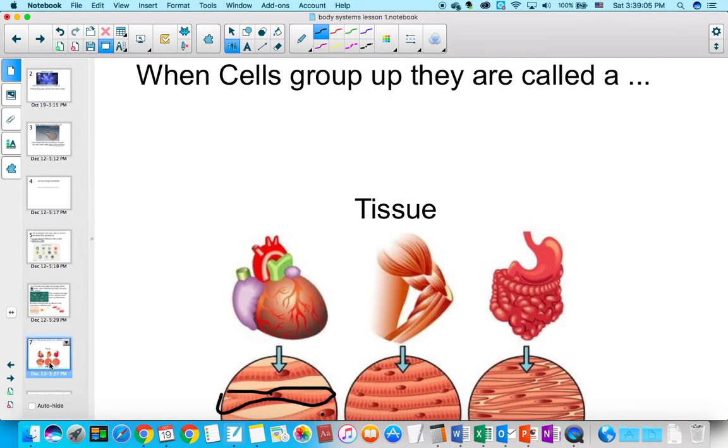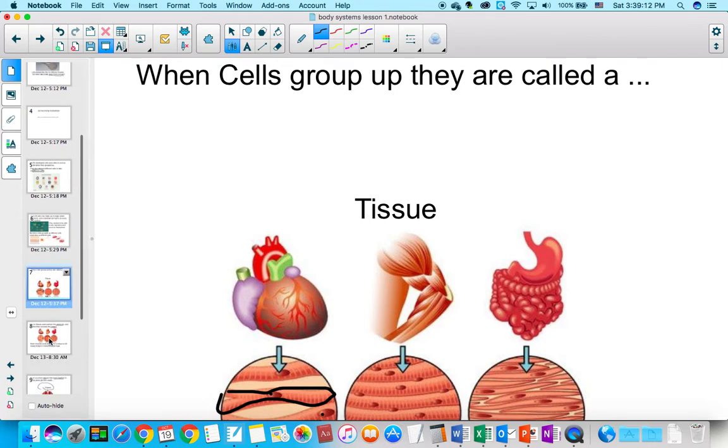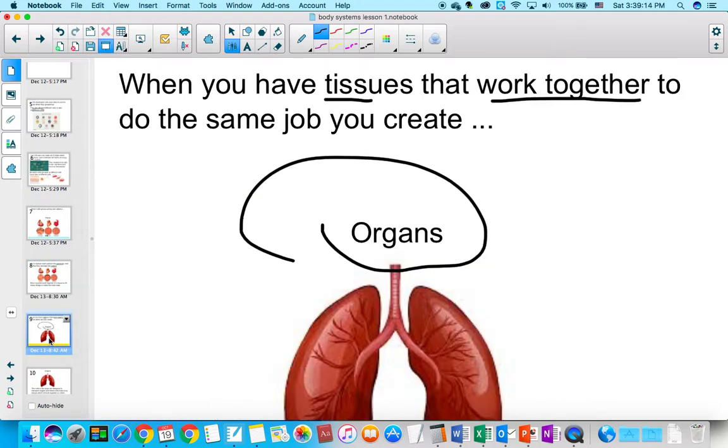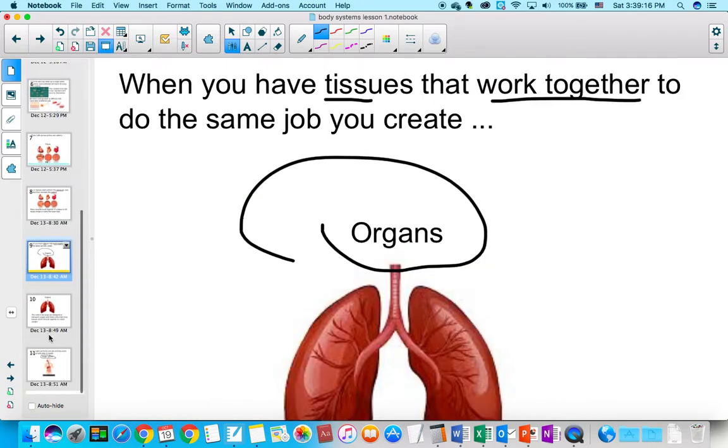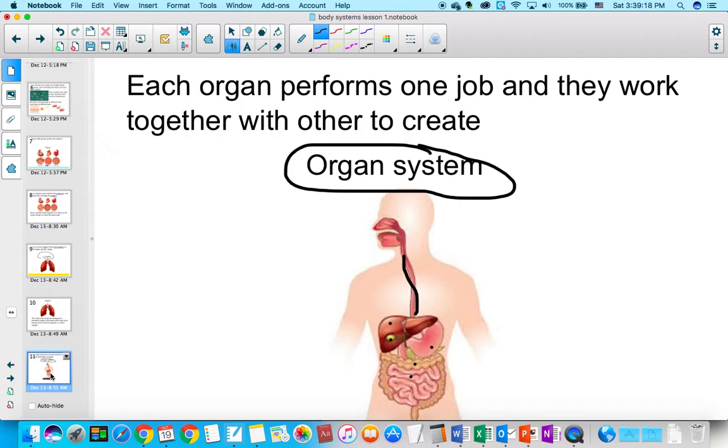The cells that worked together to do the same job are called tissues. The tissues that work together to do the same job are called organs. And the organs that do the same job, or at least help each other to do the same job, are called organ systems.